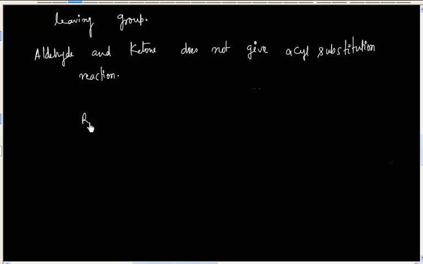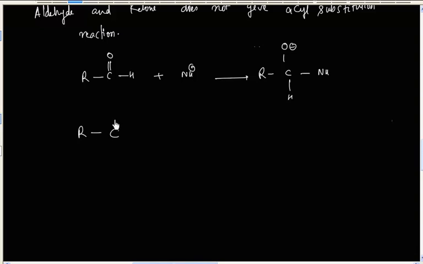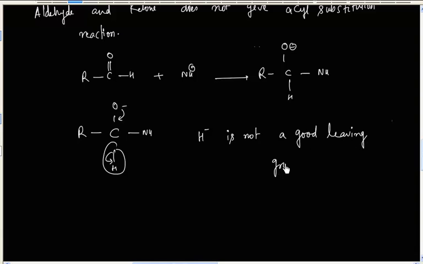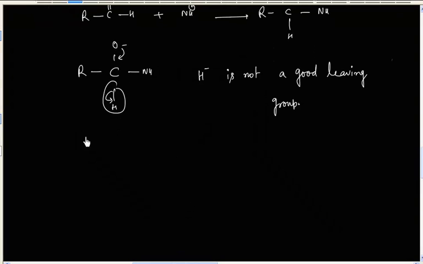So let us say if I have an aldehyde, the first step is the addition step that takes place, but the second step, that elimination step, cannot proceed, because in this case H minus is not a good leaving group. Same is the case for ketone.